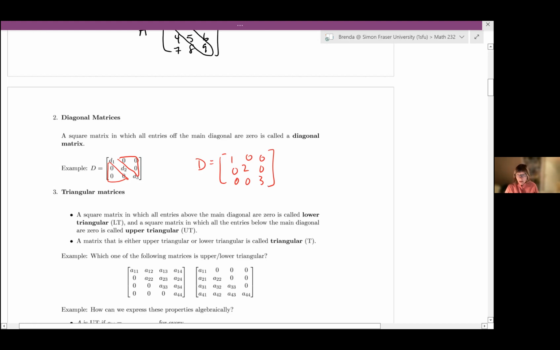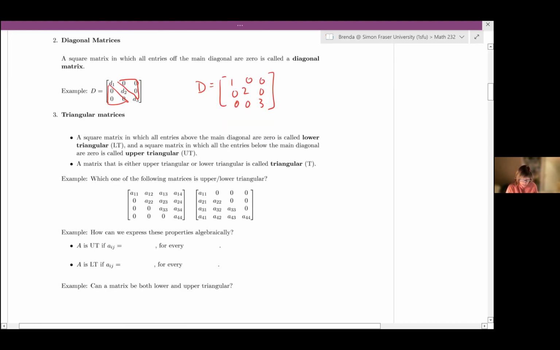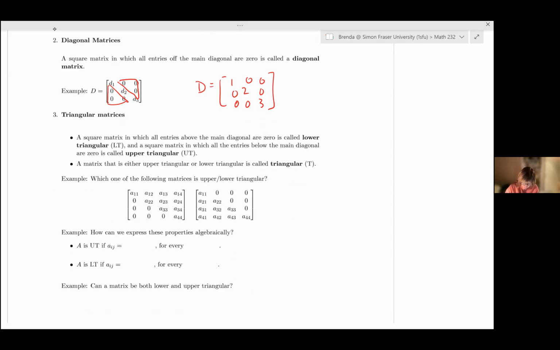We also have triangular matrices. A triangular matrix is a square matrix where either all the entries above or all the entries below the main diagonal are 0, but not necessarily both. So we have upper triangular and we have lower triangular. Let's just see what those features are.